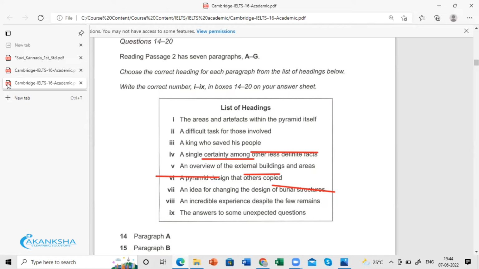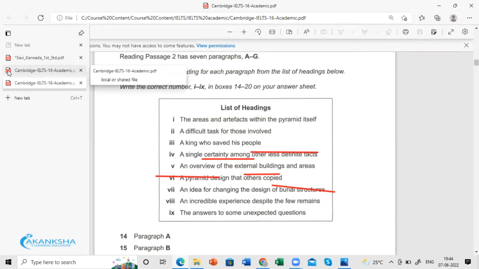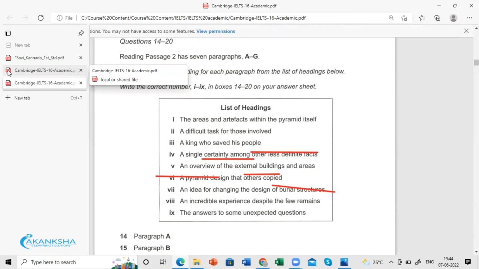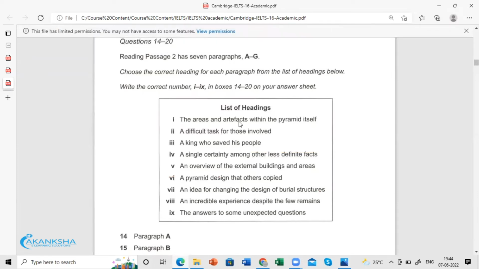And all that. Okay, so let's see if any other paragraph matches. Over external buildings and pyramid design that others copied. They don't talk anything about copying here. That's why we cannot choose the sixth one. The fifth one actually looks very close. The sixth one looks very close, but we'll see all the statements.